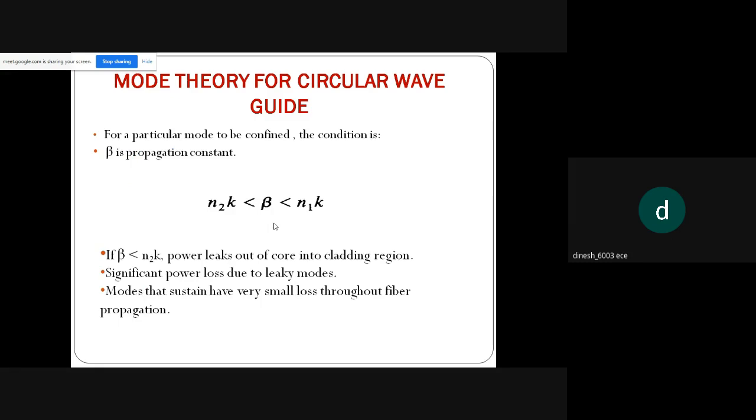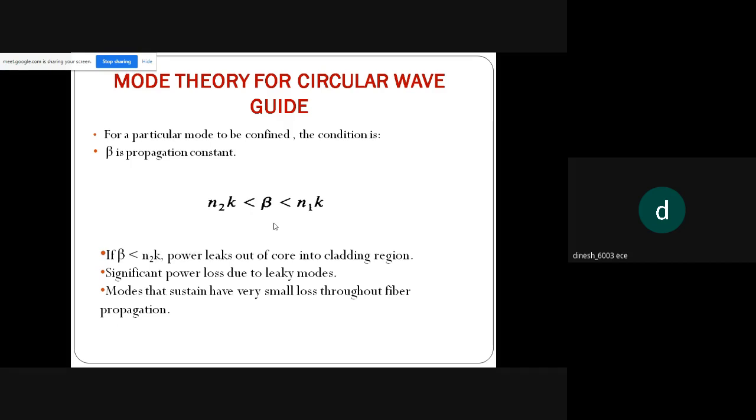So this mode theory is confined by this equation. N2 is the refractive index of cladding, N1 is the refractive index of core. So in between this one this beta will lie.